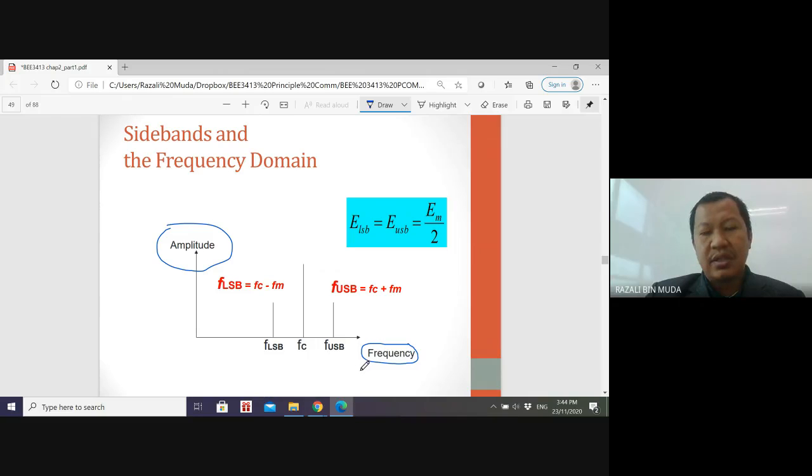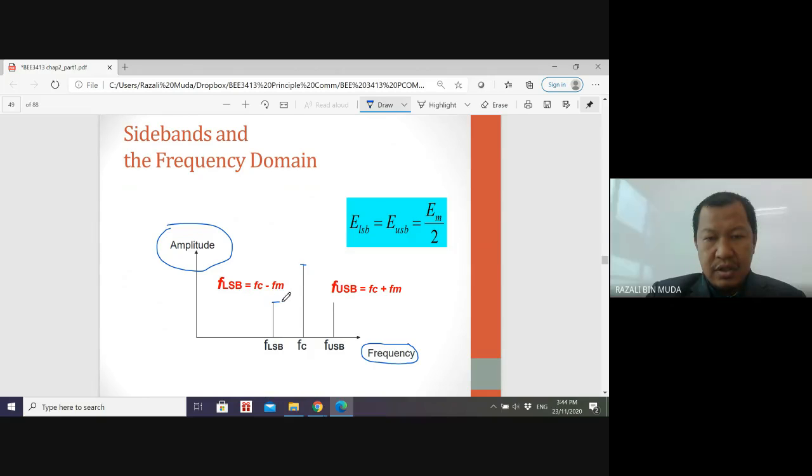What is the unit for frequency? The frequency unit is hertz. If you have f, the unit is hertz, or if you have omega, then the unit is radian.